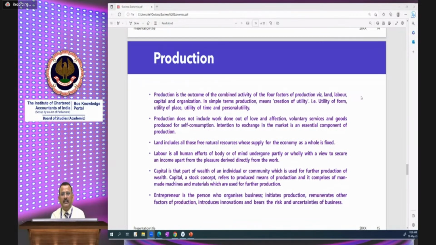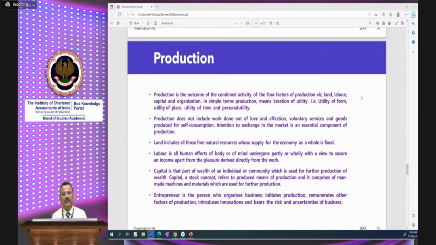So in this unit, the concept you must remember in the production unit is basically the isoquant. What are the different characteristics of land, labor, capital, and entrepreneur? There are different characteristics.